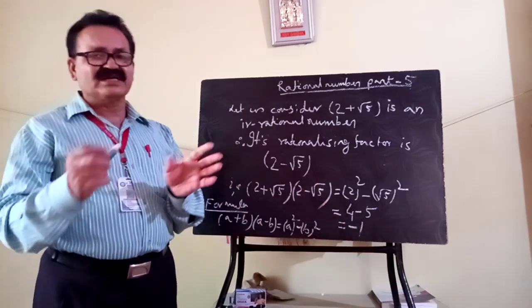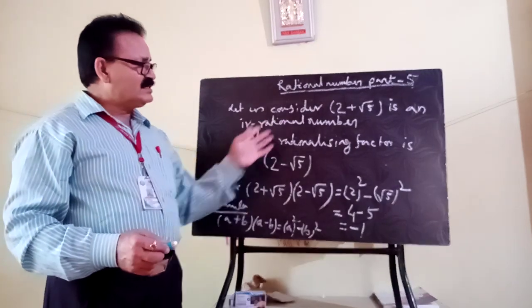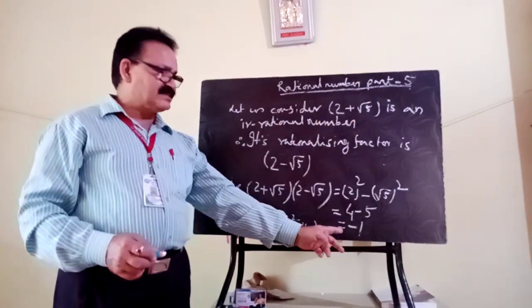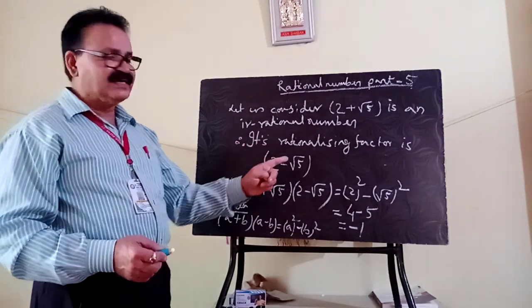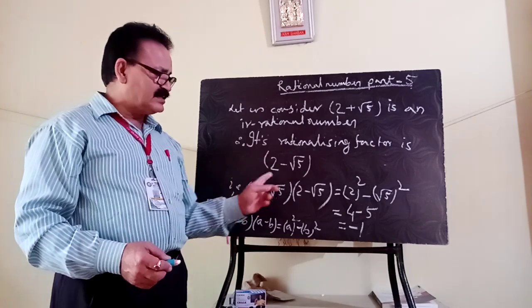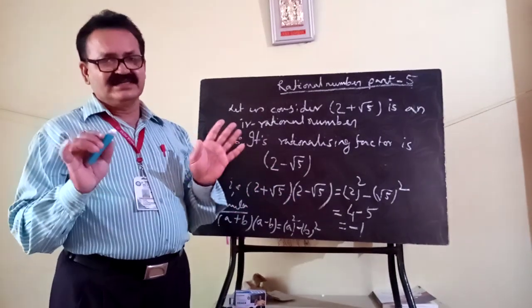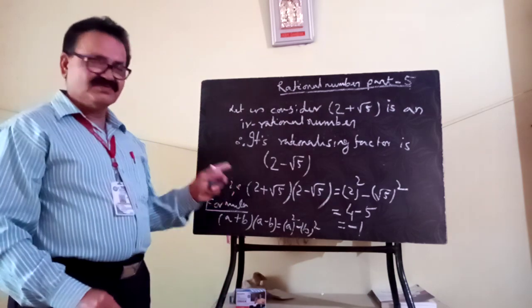So to convert an irrational number into a rational number, you have to multiply with a rationalizing factor. Is it clear?